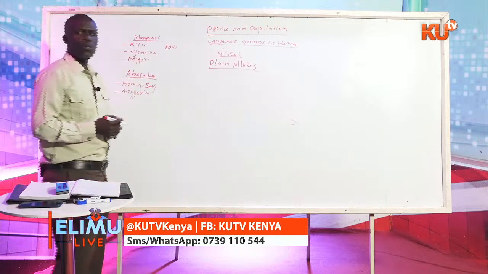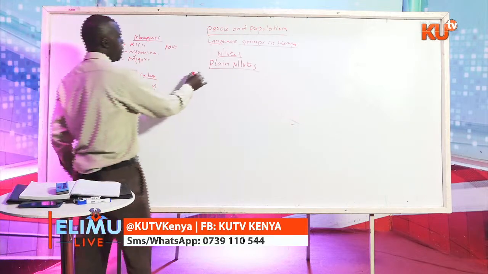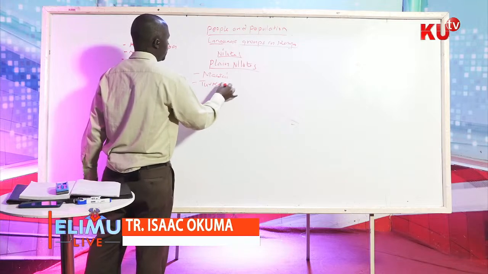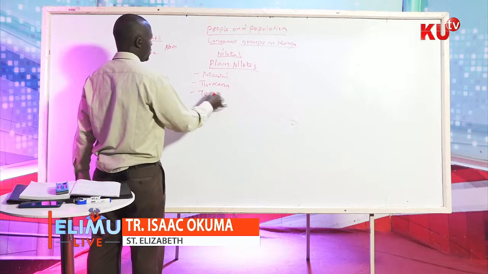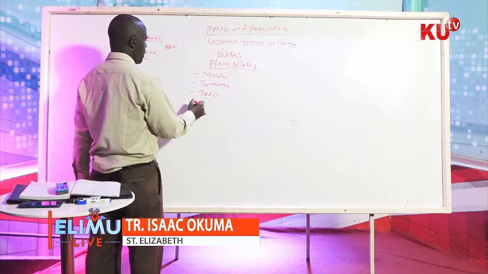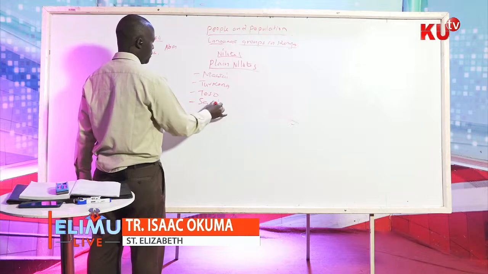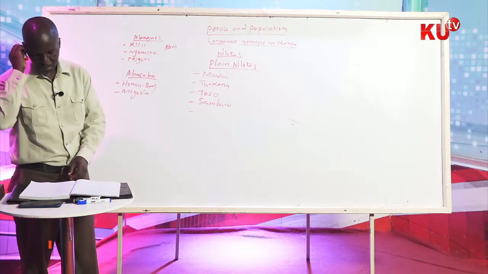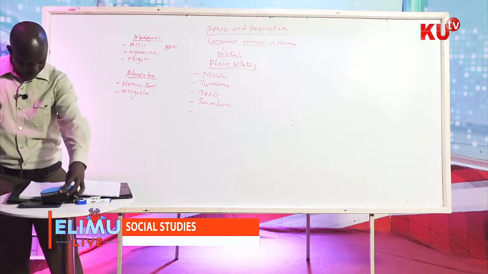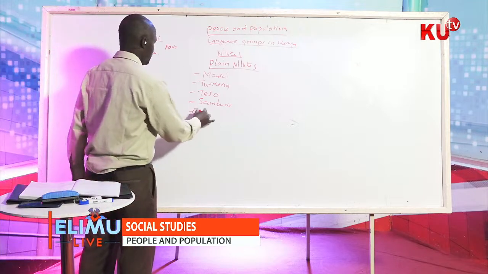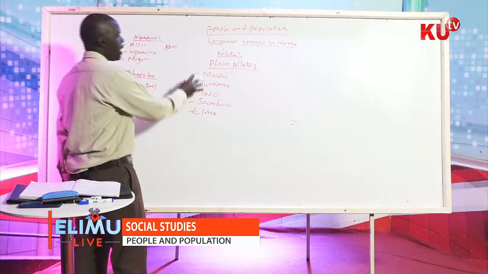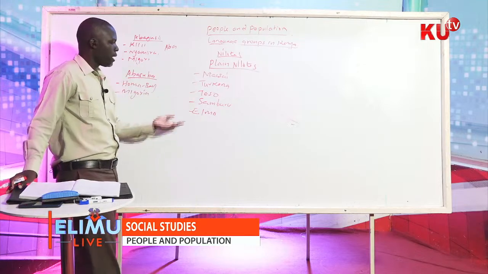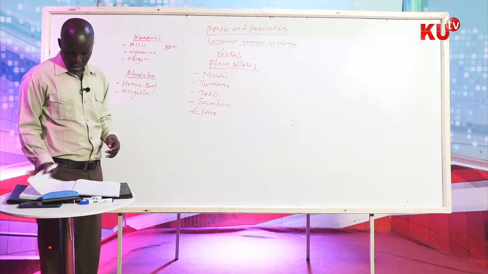In Kenya, this is the group where we have the Maasai, the Turkana, the Teso, the Samburu, and then the El Molo.